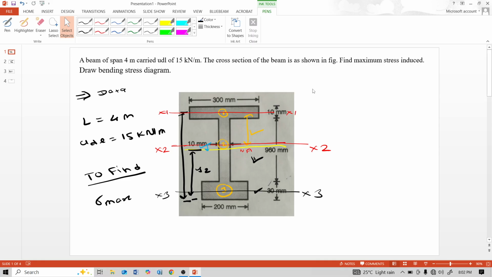Now we have calculated moment of inertia for this I cross section. We have position of neutral axis from bottom tensile fiber. Now check position of neutral axis from top compression fiber. Which position of neutral axis is greater is important for us because we have to calculate maximum stress induced.